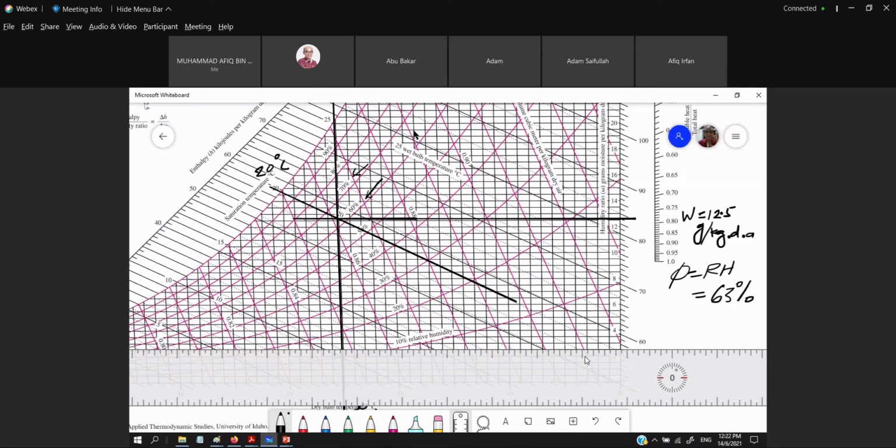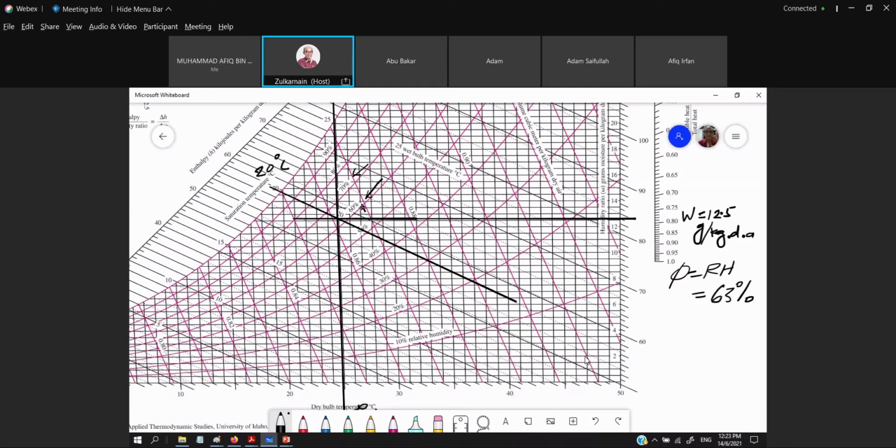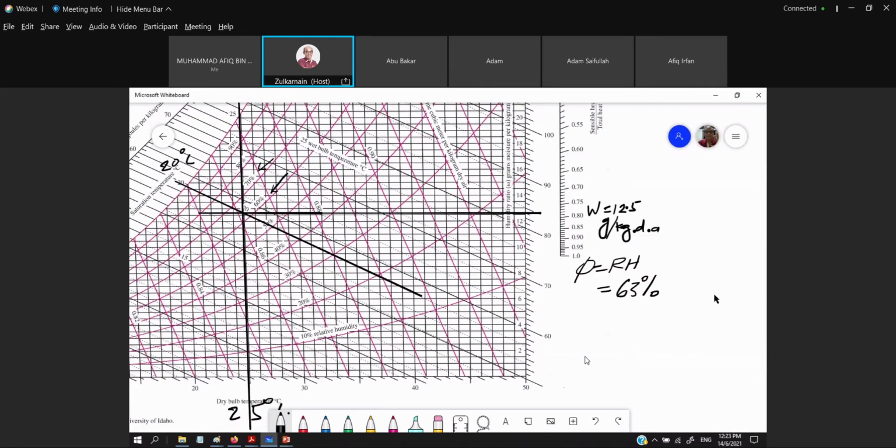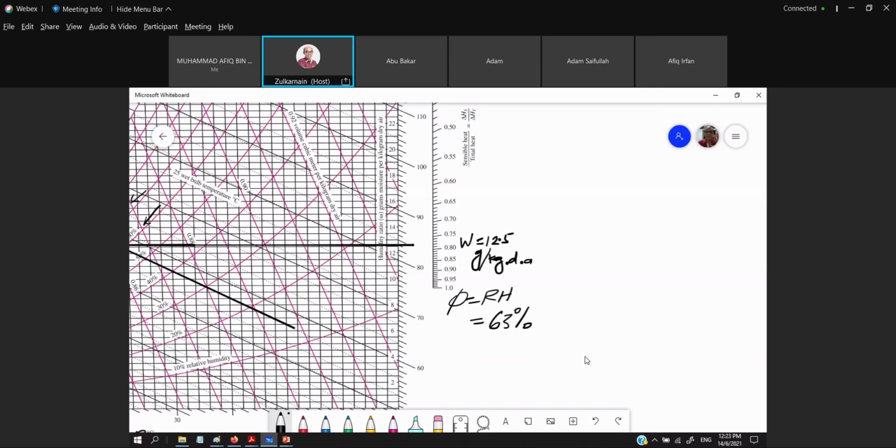And then the third question is to get the PV. This PV we could not get from this chart, there's no pressure here. But what we can do is, so this is number one, this is number two, and number three is to get the PV, the partial pressure of water vapor at that point.